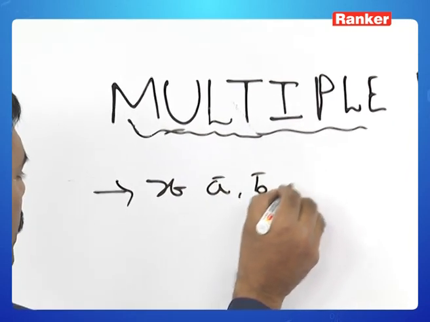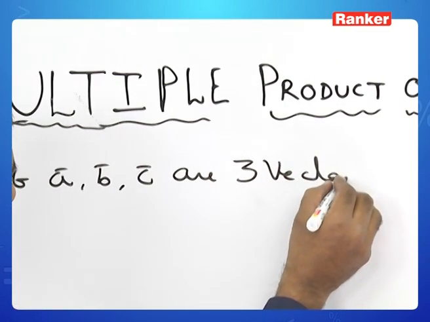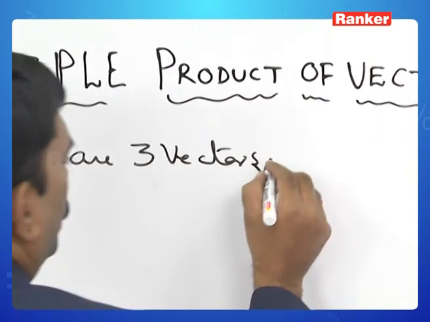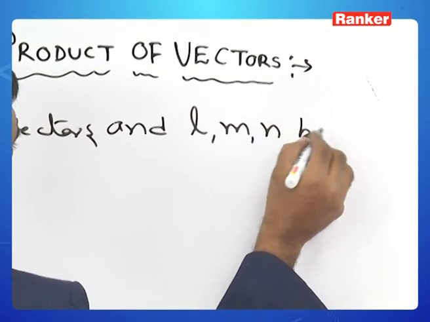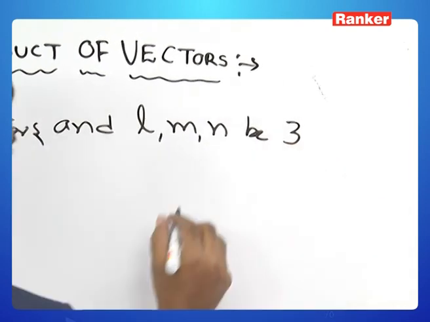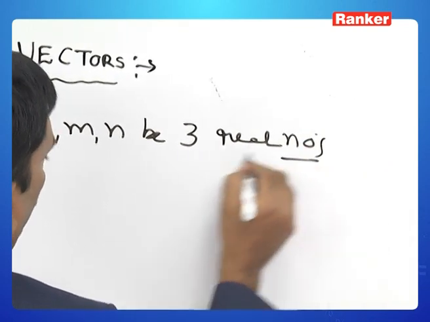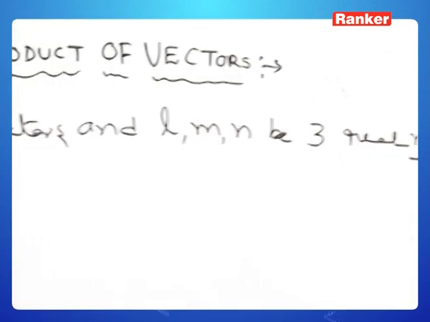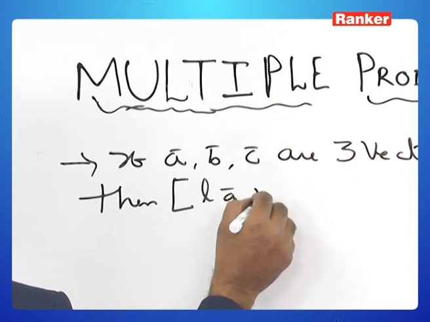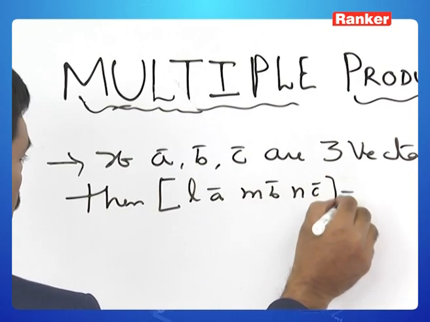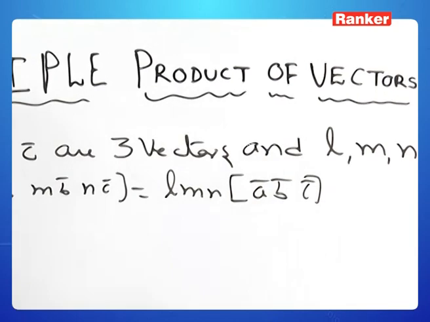Next note, if A bar, B bar, C bar are three vectors and L, M, N are three real numbers, then I can write box of LA bar, MB bar, NC bar is equal to LMN into box of ABC.